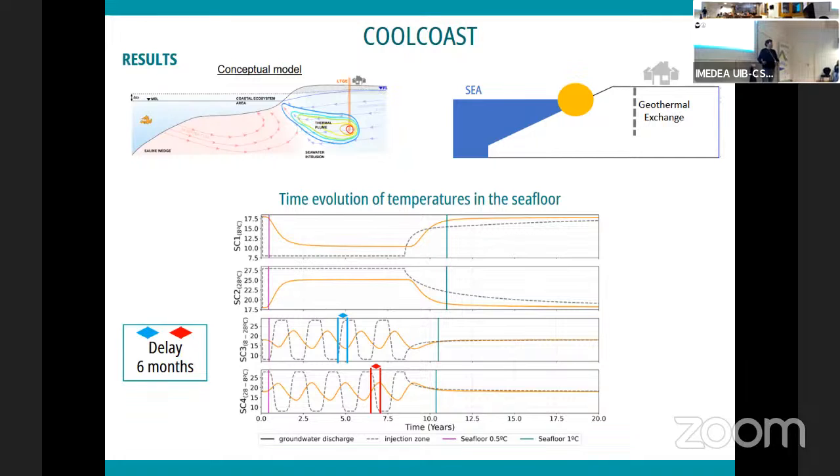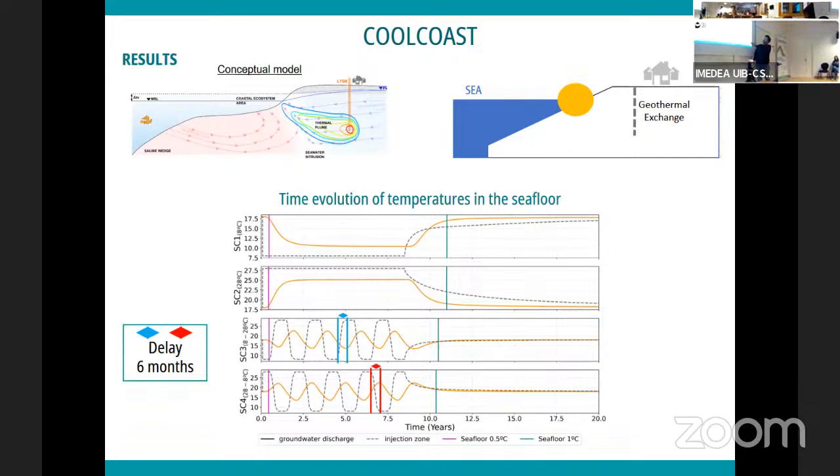It depends on the hydraulic parameters and the geology, so the shape of this seawater interface is different. Well, what happens when we inject only cold? The gray dashed line is what is going on at that point, in the middle of the geothermal exchange, and the orange line is the temperature that arrives here.